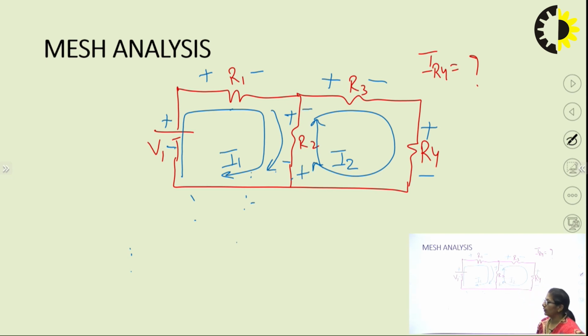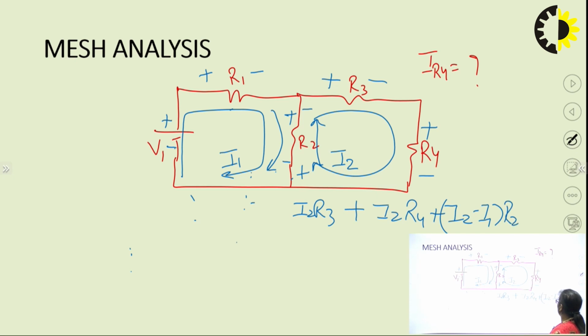So, the equation is going to be the current in R3, that is I2 R3. Once again, the current in R4, it is going to be plus I2 R4, plus the current once again in R2, which is going to be (I2 minus I1) multiplied by resistance R2 is equal to 0. Once again, the same equation can be resolved in I1 and I2.